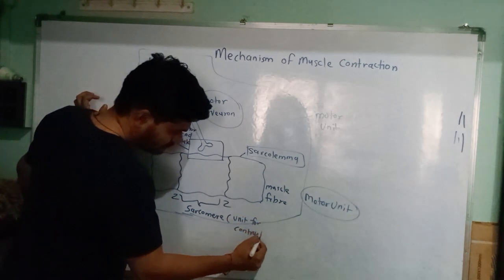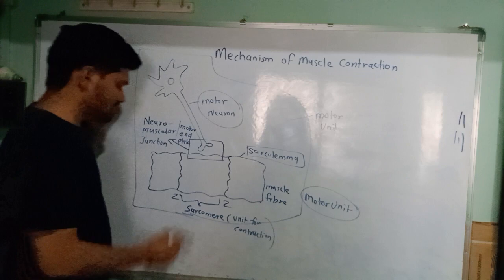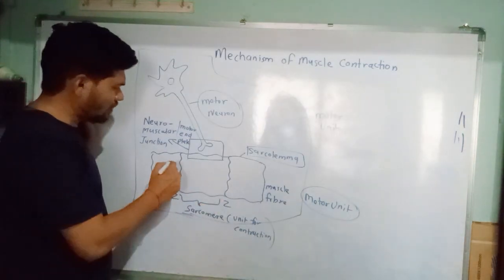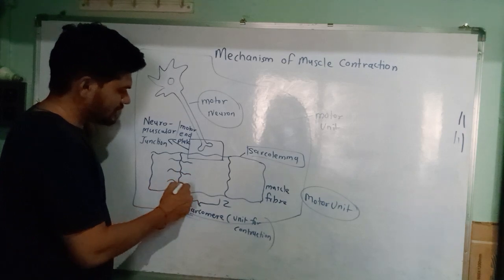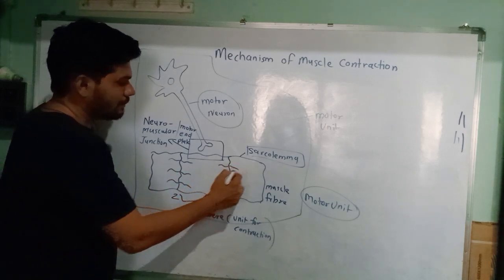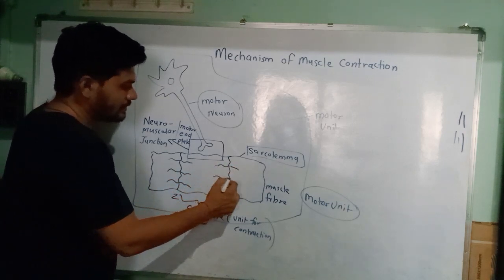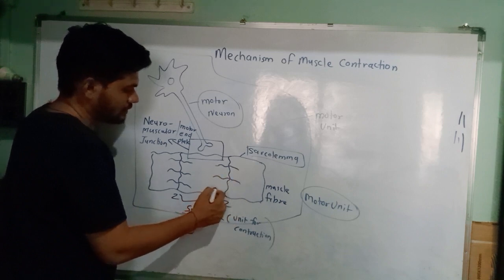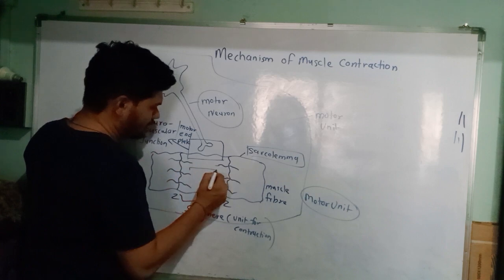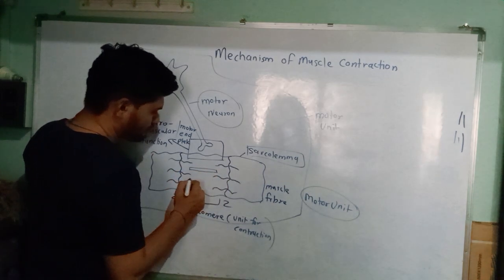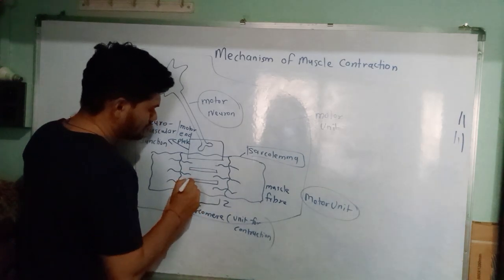Z lines are firmly bound with thin filaments like this. These thin filaments are firmly bound by the Z line like this. And there are thick filaments over here.